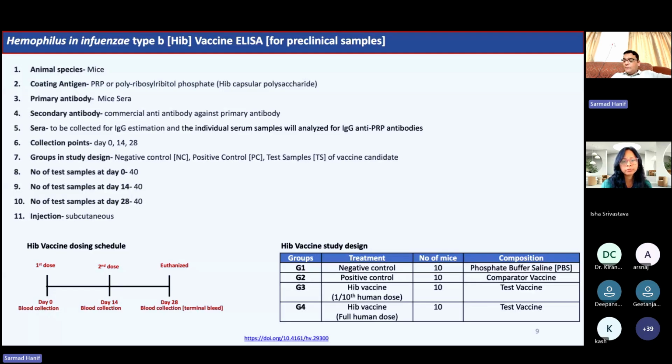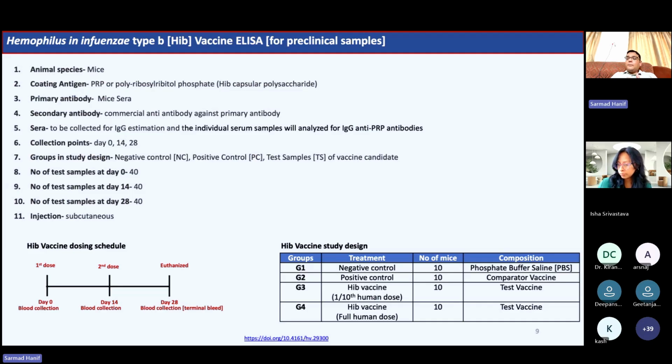Non-inferior and superior are very important terms, because once you move ahead at different steps, the regulators will be asking you that there is a comparator vaccine available in the market. How can we be so sure that your vaccine is non-inferior, in the sense very close in terms of giving the concentration of IgGs to the comparator vaccine, or it is superior, that is, it is giving IgG values more than the comparator vaccine.